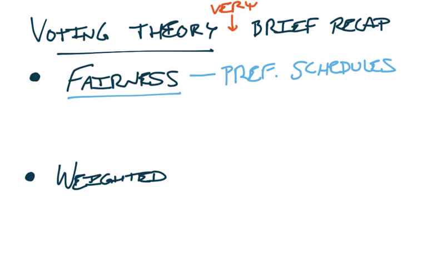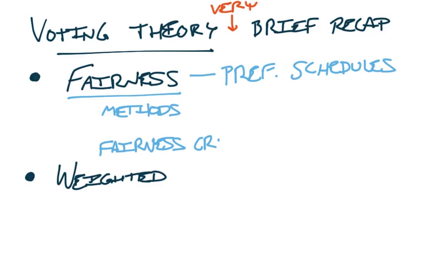Alright, so we've got these preference schedules, and the two big ideas that are at play here are the methods for actually deciding who wins these elections, and going side by side but completely independently from the methods are these fairness criteria.